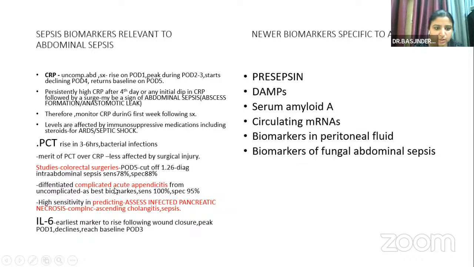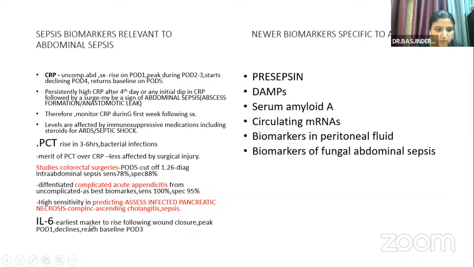It can also differentiate complicated acute appendicitis. It has high sensitivity in predicting infected pancreatic necrosis and its complications like ascending cholangitis and sepsis. It can assess this infected necrosis.